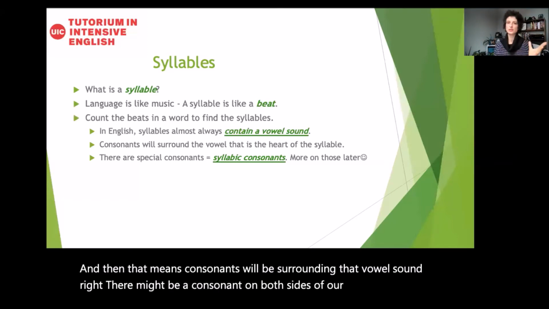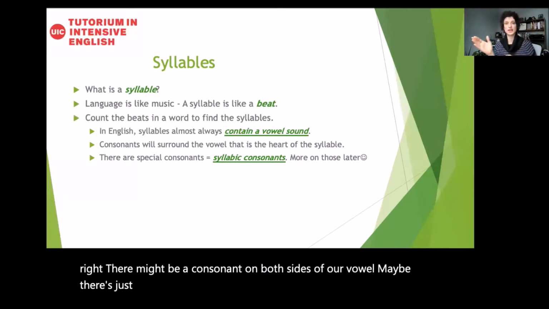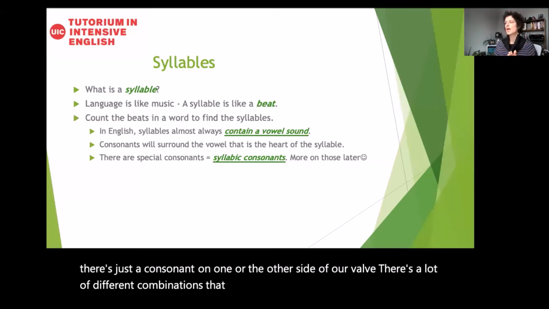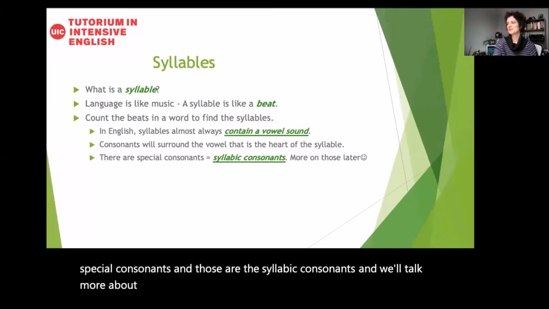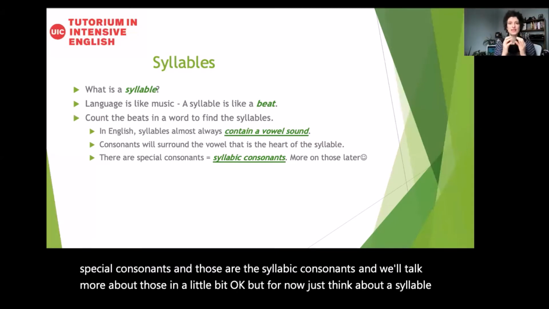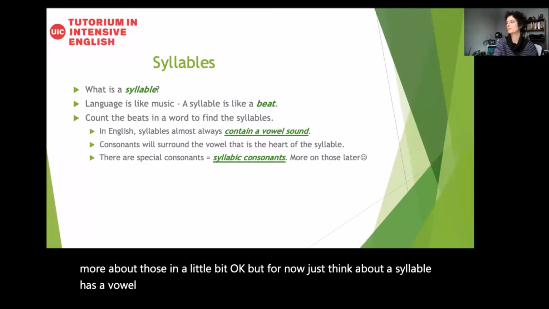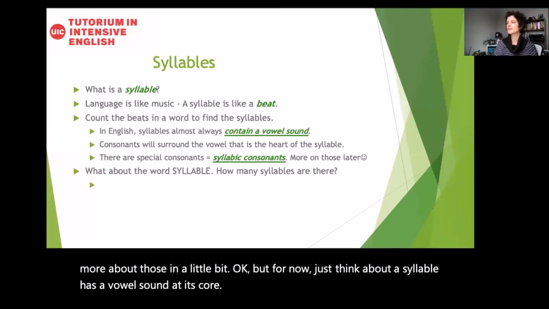Maybe there's just a consonant on one or the other side of our vowel. There's a lot of different combinations that are possible. And then there are some special consonants, and those are the syllabic consonants. We'll talk more about those in a little bit. But for now, just think about a syllable has a vowel sound at its core or at its heart.